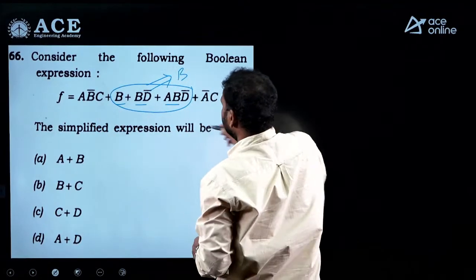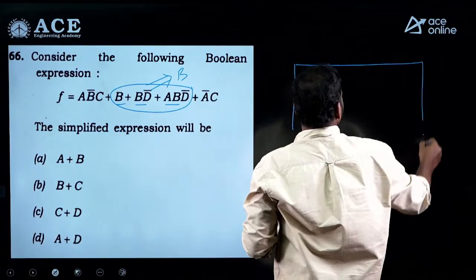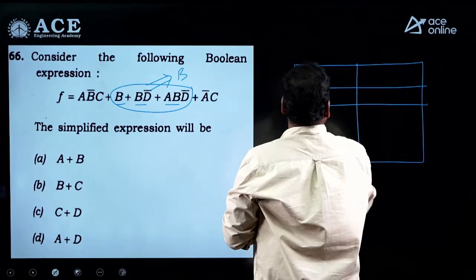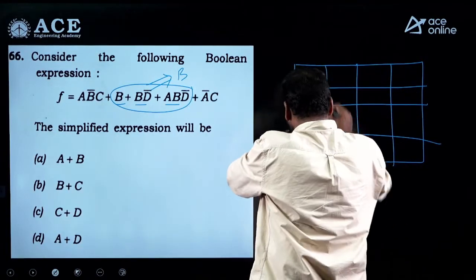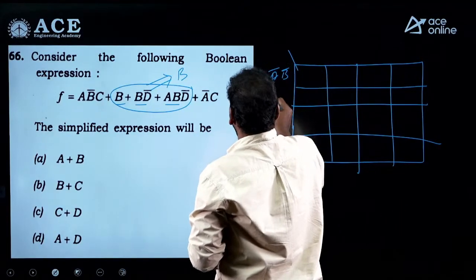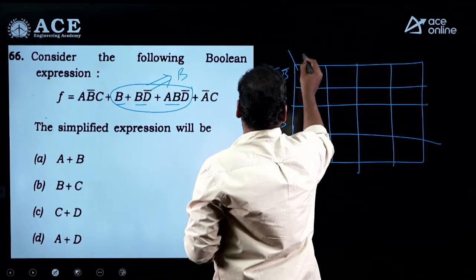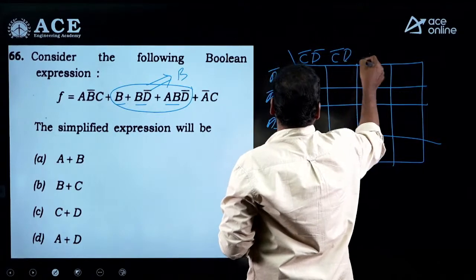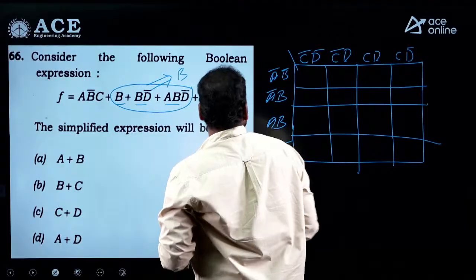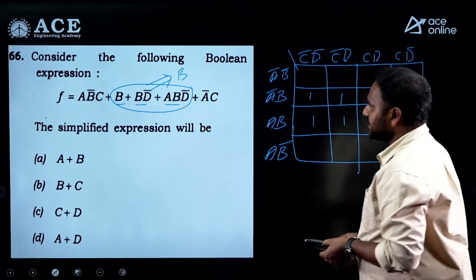A, B, C and D, it's a 4 variable K-map, right? So we need to get a common term of B like this. So these are the min terms involved, indirectly we can say.